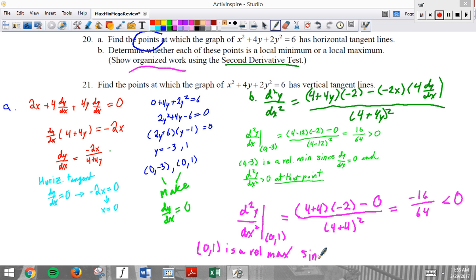Since dy/dx equals 0, and the second derivative is negative at (0, 1). Okay?